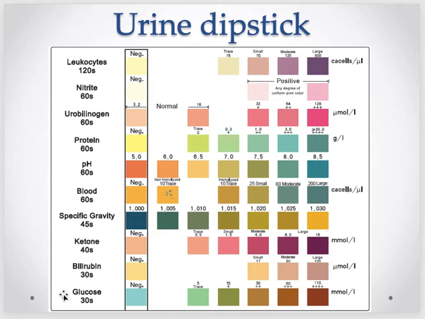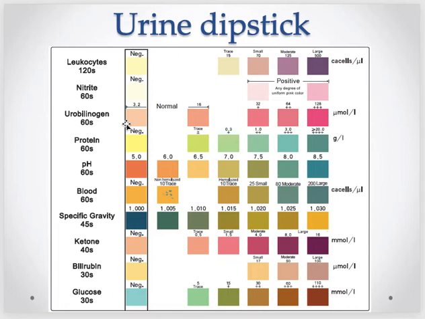Now this strip has different reagents which react. For example, this part of the strip has a reagent which will react to glucose. This one has a reagent which reacts to bilirubin. Same with all these things, they have a reagent which reacts to a certain substance.